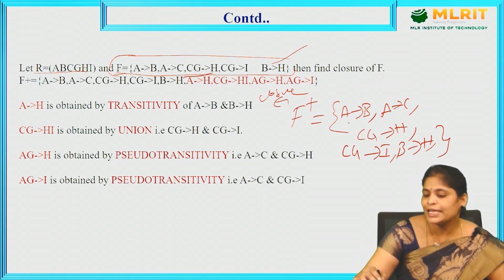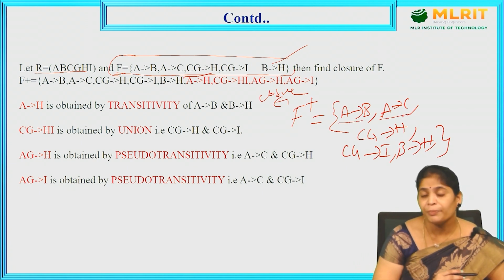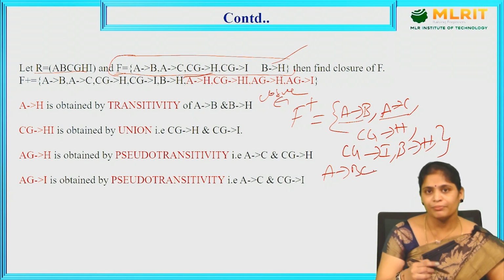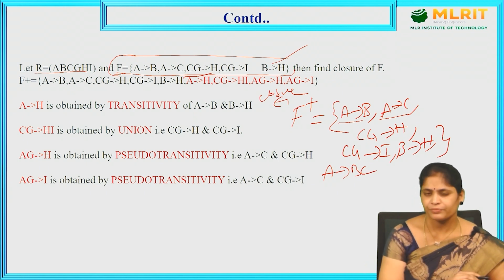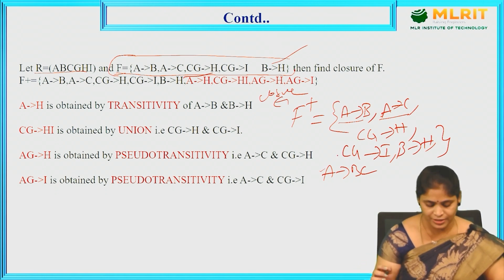For example, A derives B and A derives C. By the union operation, A can derive BC, by the union axiom rule which we discussed in the previous slide. So, from the given set of FDs, we can derive some more FDs.